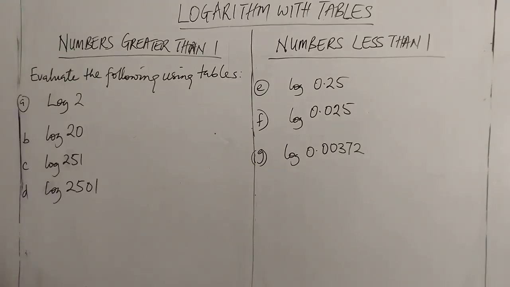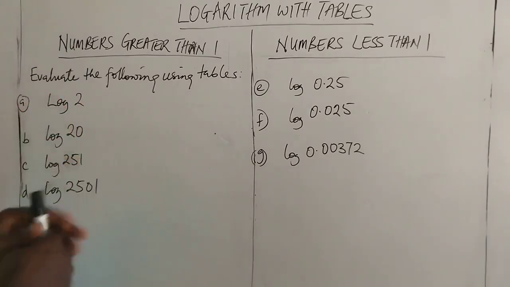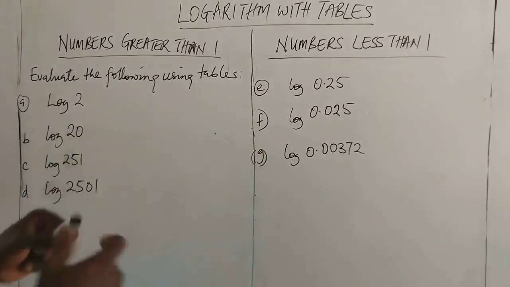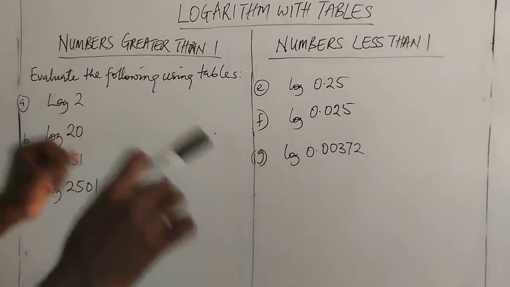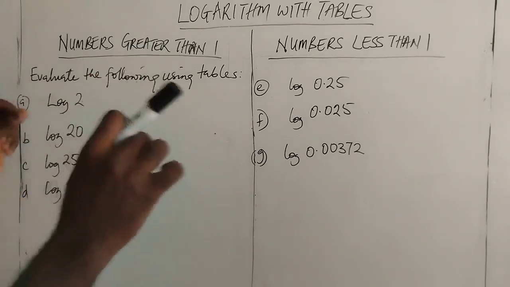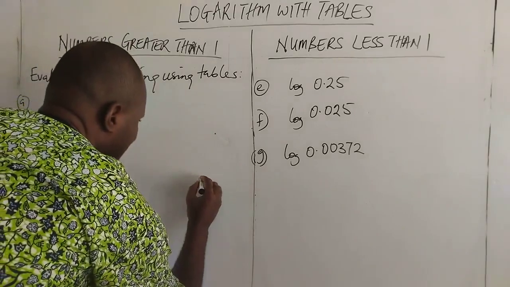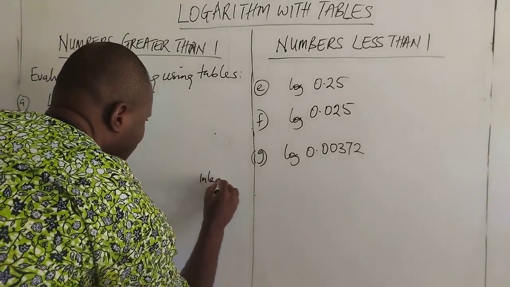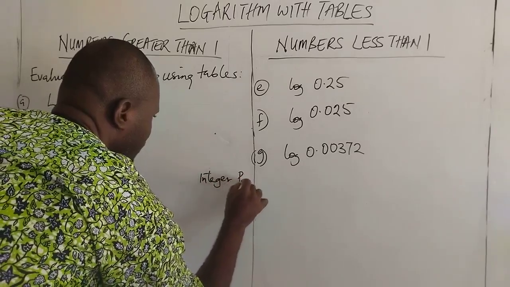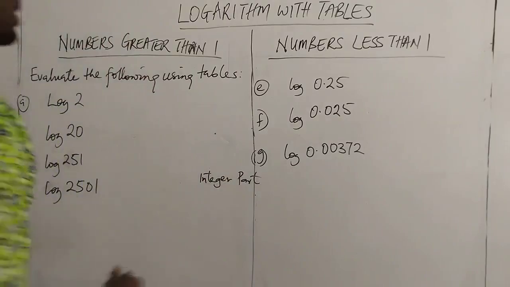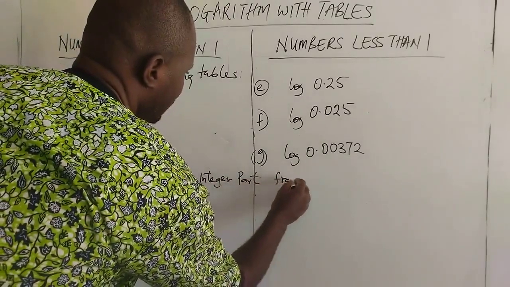Before I go on, I want to tell you something very important. The logarithm of any number is made up of 2 parts: the integer part and the fractional part.